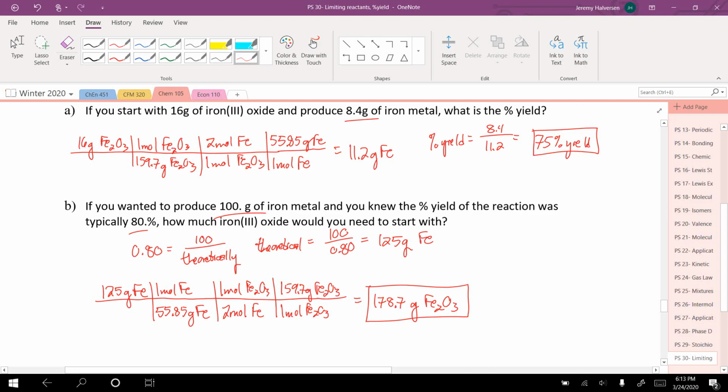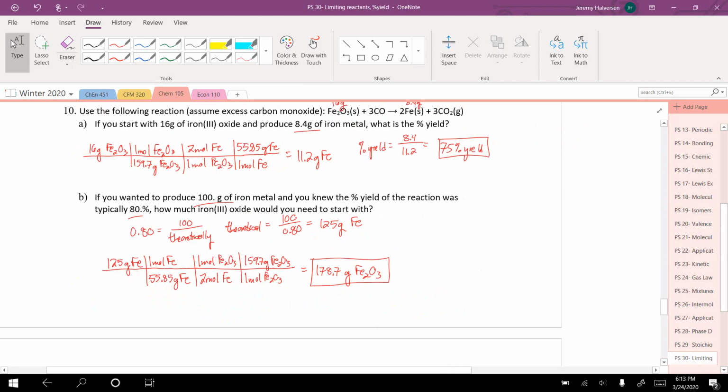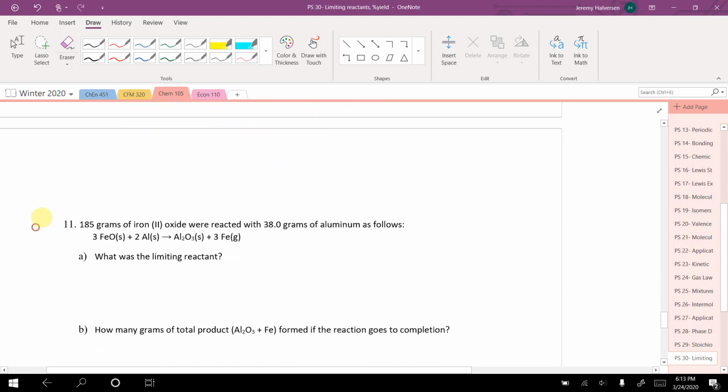Okay, I'm going to start with 178.7 grams of Fe2O3. I'm going to convert it into iron, which would theoretically make 125 grams, but I only get 80% yield. And so I'm actually going to get 100 grams, which is what I want to produce based on the problem. So a lot of these percent yields, just working forward and backward is what we're doing over and over here.